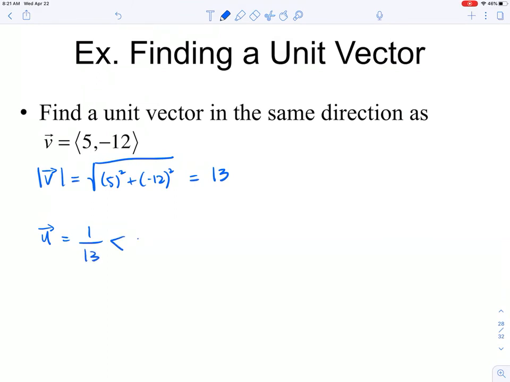So the unit vector, which I'll call U, I would find from doing 1 over 13 times the vector V, which would be 5/13 as the horizontal component for the unit vector and negative 12/13 as the vertical component. So that's the vector that points in the same direction as the vector V, but has a magnitude of 1.